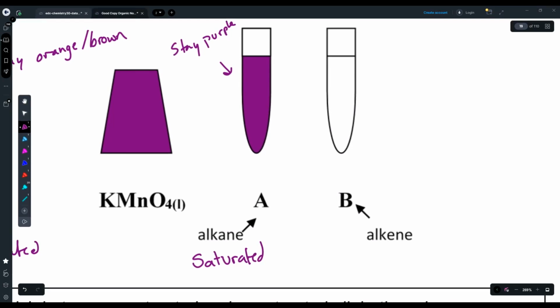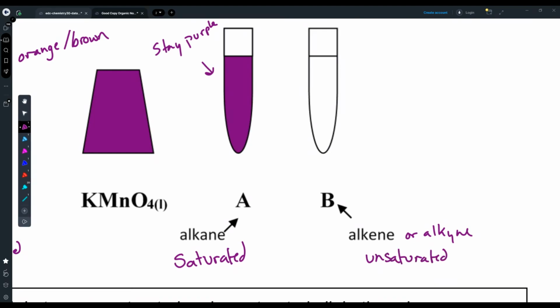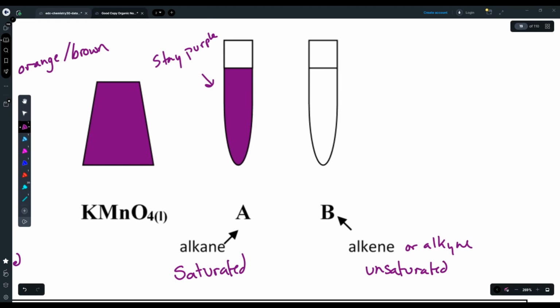But if you mix potassium permanganate with an alkene or alkyne, which are unsaturated compounds, potassium permanganate is going to turn brown. We just need to do some coloring here.